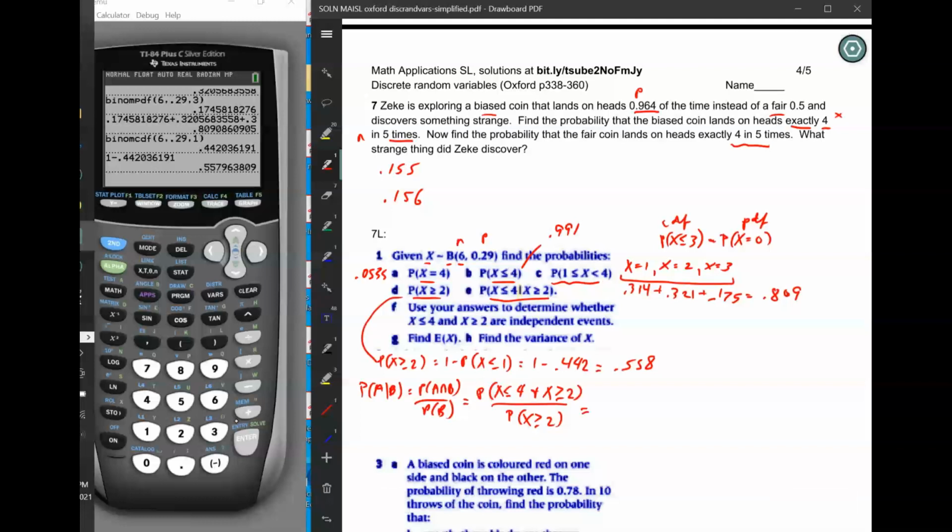So the probability that x is greater than or equal to 2 and less than or equal to 4, let's see. We never calculated that, right? That would be the probability that it would be 2, 3, or 4, divided by the probability that it would be greater than or equal to 2, right?